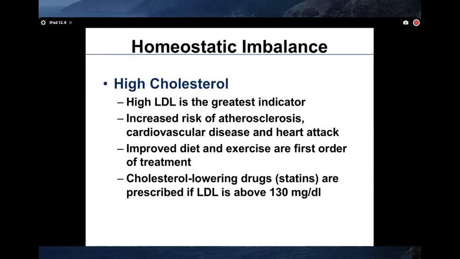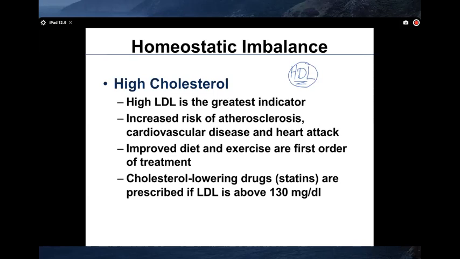The other homeostatic imbalance that we're looking at today is high cholesterol. The circulating fat has multiple forms. The best one, that I would like to deal with all the time, is the high density lipoprotein.